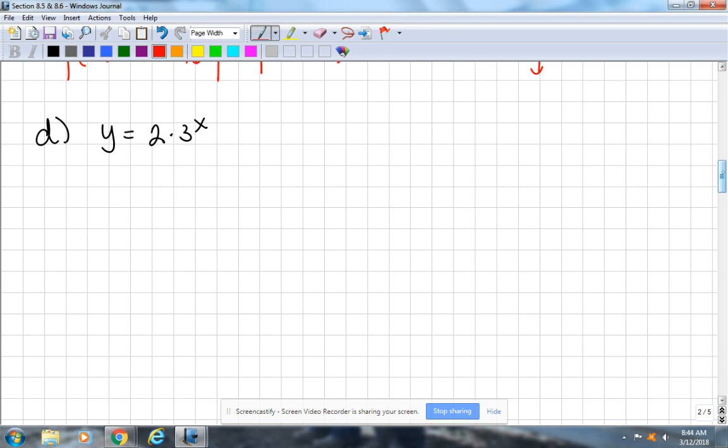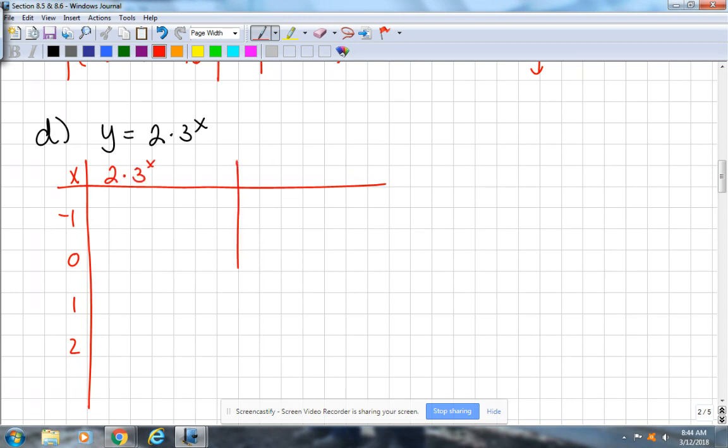So we're going to make the same table again. -1, 0, 1, 2. 2 times 3 to the x. Let's have some space to work it out.